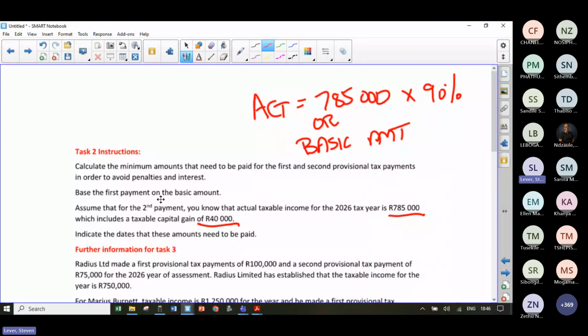Now, guys, the basic amount might be different now. And let me explain why the basic amount might be different. Because your second payment is made on 28th of February, 2026. So if we go 14 days before that, we go back to the 14th of Feb, and we say, what is our most recent assessment before the 14th of February?